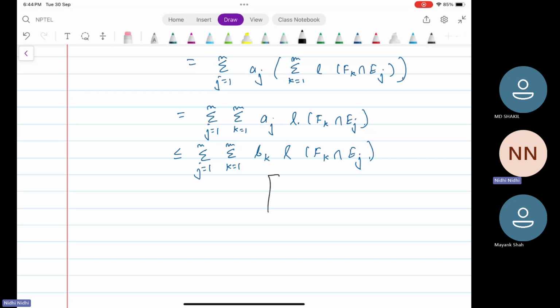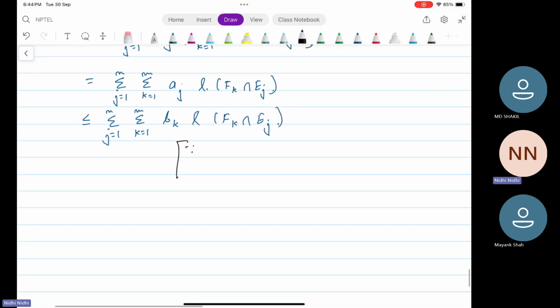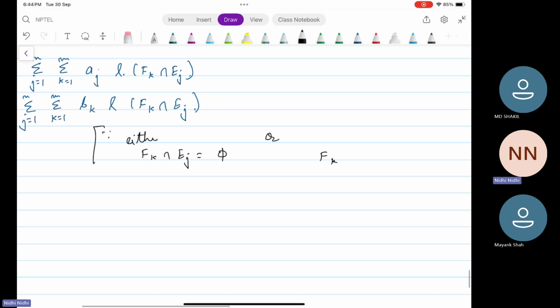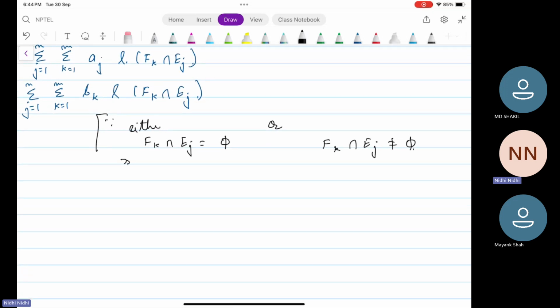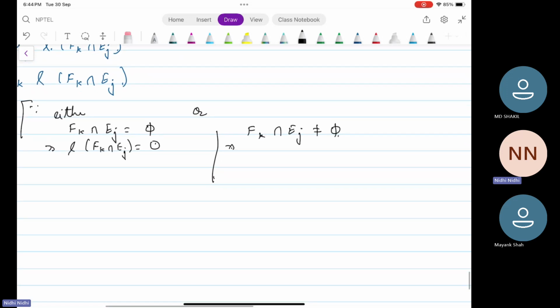Now this happens because we know that either Fk intersection Ej is empty, or it is non-empty. When this intersection is empty, clearly this length will be 0 and we don't have anything to do. For the non-empty case, that means there exists some x in Fk intersection Ej.